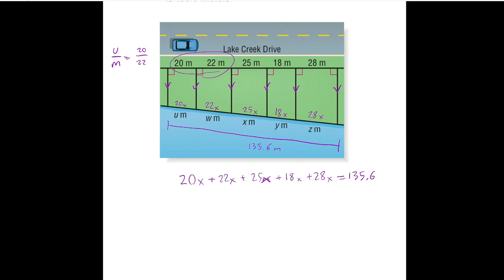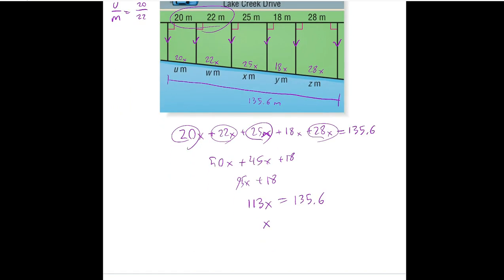If we add all these up, this one and this one add to 50, so 50x plus 45x plus 18. That's 95x plus 18. That's 105 plus 8. So that's 113x equals 135.6. So then x, the scale factor, is what it got multiplied by.